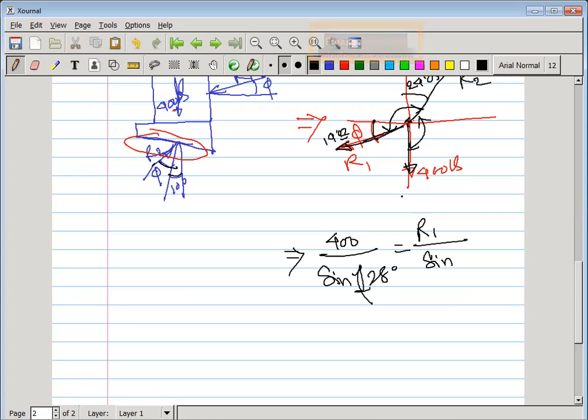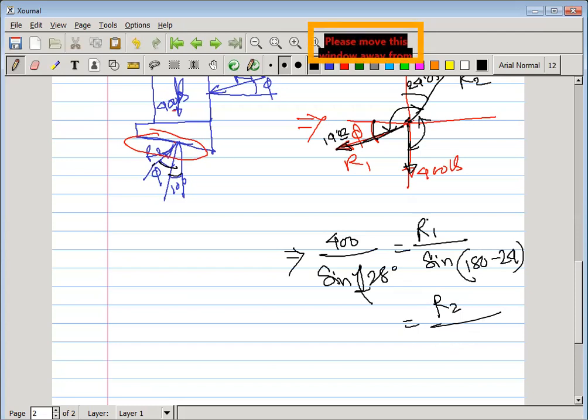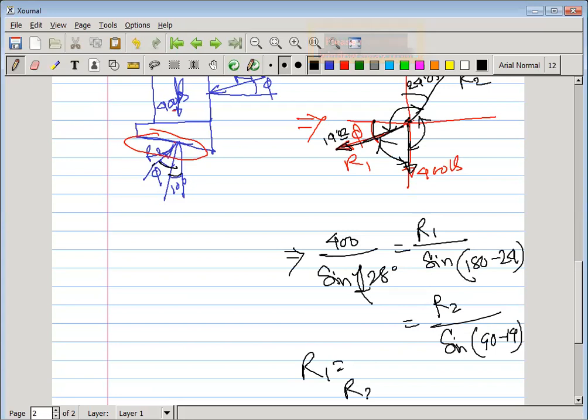This angle is 180 minus 24. And R2 is this angle divided by this angle, so sine of 90 minus 14. From here you can easily find R2 and R1, right?